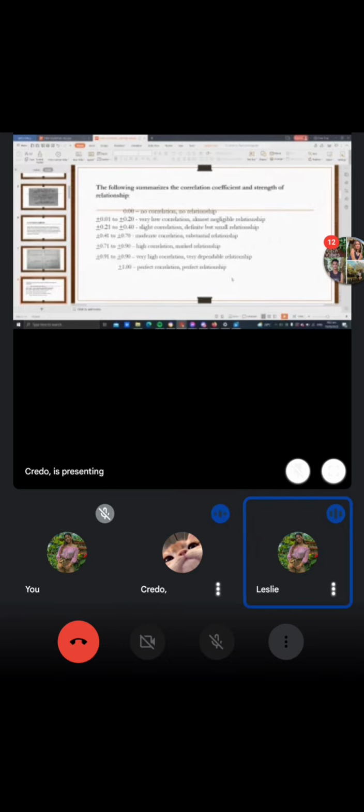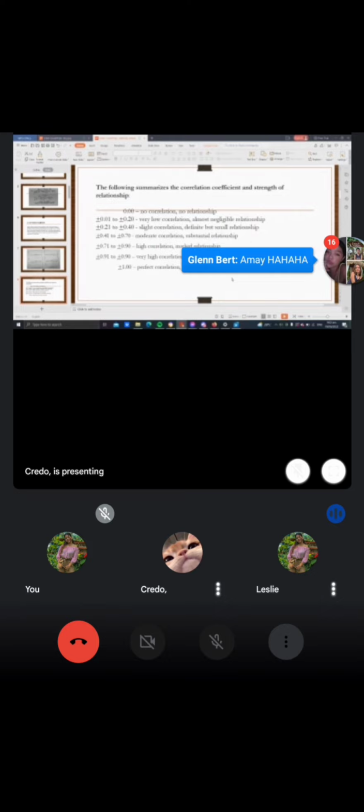The fourth one, plus or minus 0.41 to 0.70, is moderate or substantial correlation. Plus or minus 0.71 to 0.90 is a high correlation or marked relationship. Plus or minus 0.91 to 0.99 is a very high correlation, very dependable relationship. And the last one, plus or minus 1.00, is a perfect correlation or perfect relationship.